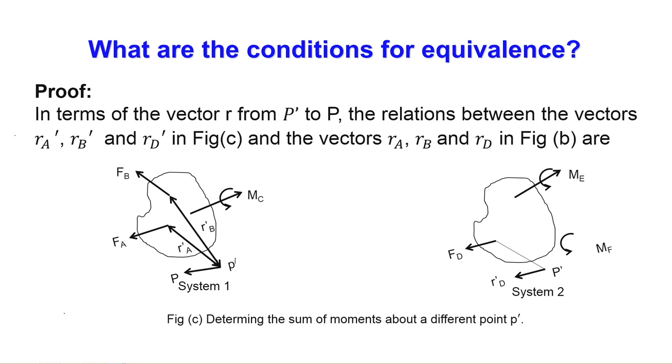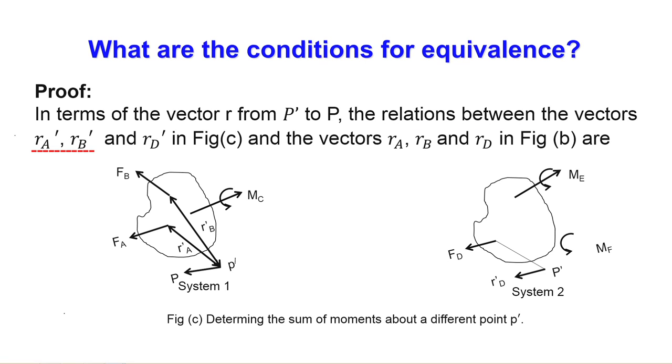A new point P dashed is taken, and from the new point P dashed the position vectors to Fa and Fb are Ra dashed and Rb dashed. What is the relation between Ra and Rb?